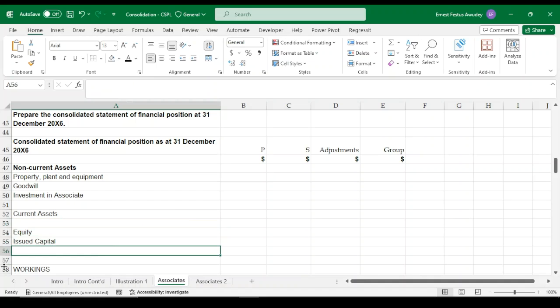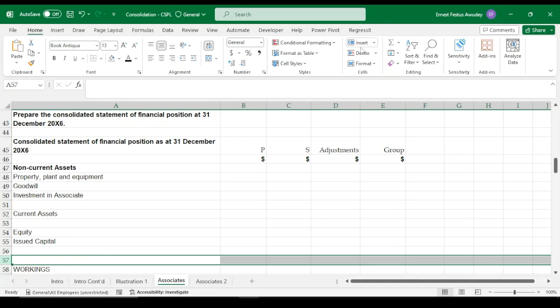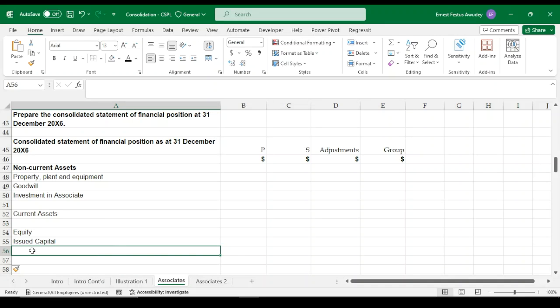So let me insert a couple of rows here. Okay, then we'll have our retained earnings here.